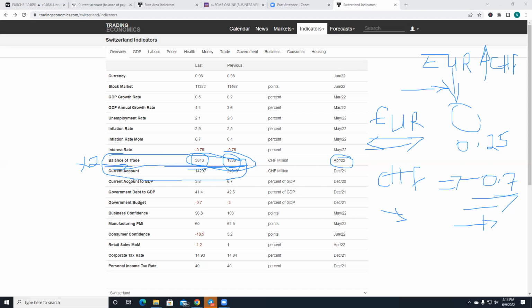You have a very bad current account. You are not doing well. Do you understand? So fundamentally, we have concluded that CHF should strengthen, and euro should go down. So based on this, guys, we want a sell opportunity for euro CHF.